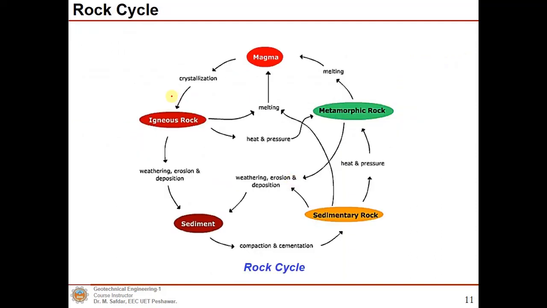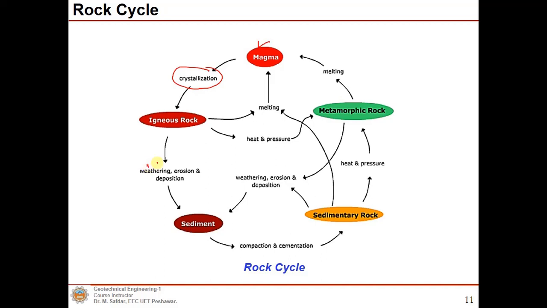Now, this slide shows the rock cycle. For example, magma is there beneath the surface of the earth, and crystallization occurs, and it will form igneous rock. And igneous rock can be intrusive or extrusive based upon whether solidification occurs beneath the surface of the earth or on the surface of the earth.